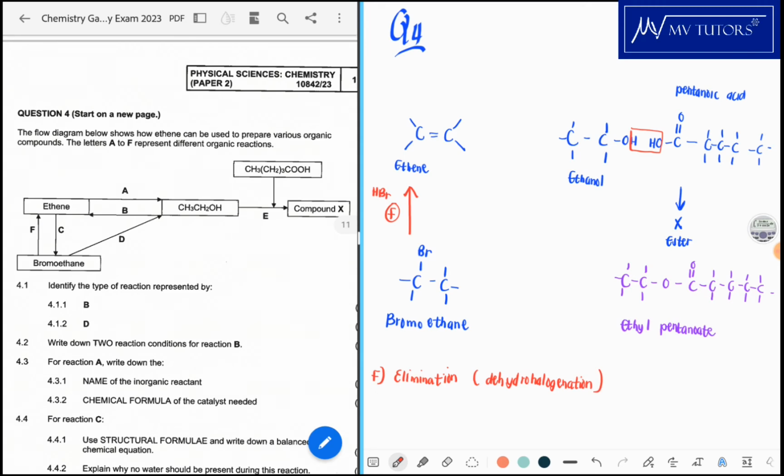Okay, and then if we look at the opposite, now we're going from an alkene to a haloalkane. Okay, so we're going to add something to it. So reaction C would be an addition reaction.